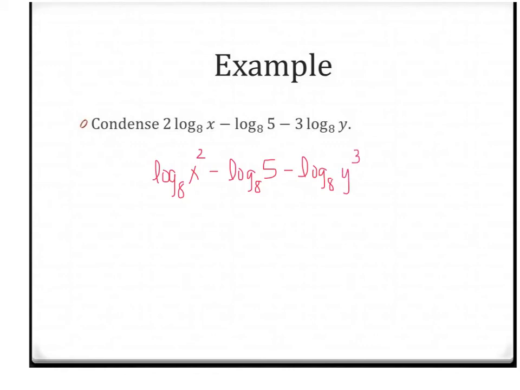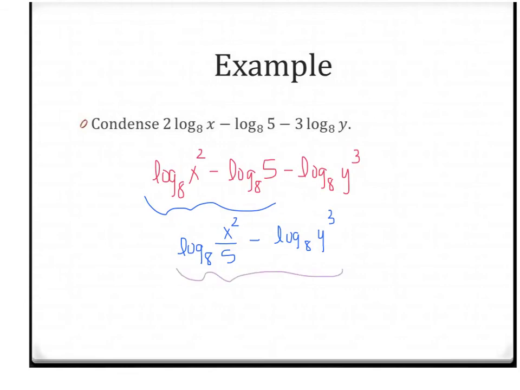Okay, and then just looking at those first two, since we're subtracting, we're going to have log base 8 of x squared over 5 minus log base 8 of y cubed. Now this can get to looking a little tricky, but what you're doing again is you're dividing. Alright, so this is going to become log base 8 of x squared over 5 over y cubed.